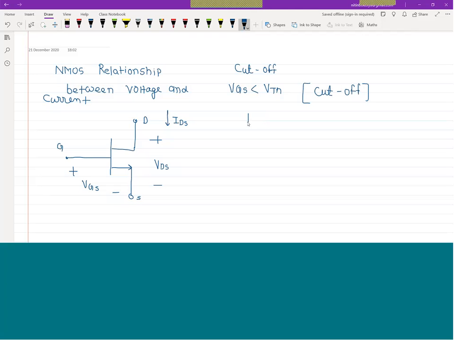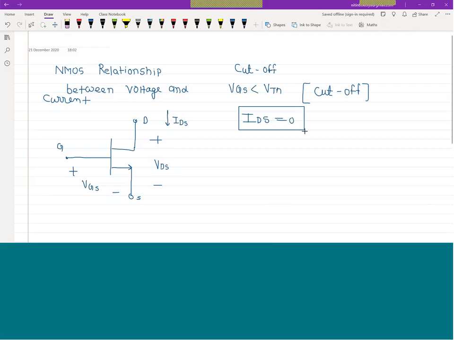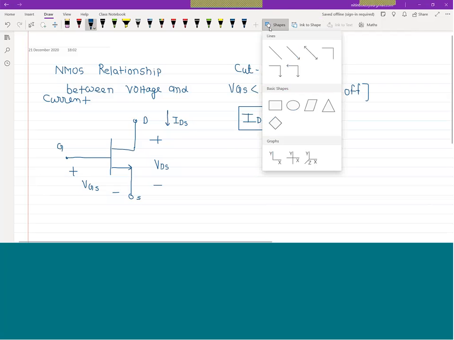And the value of IDS is equivalent to 0, because the channel has not formed, and if the channel has not formed, there is no scope for any current. So this is a very important mode of operation.